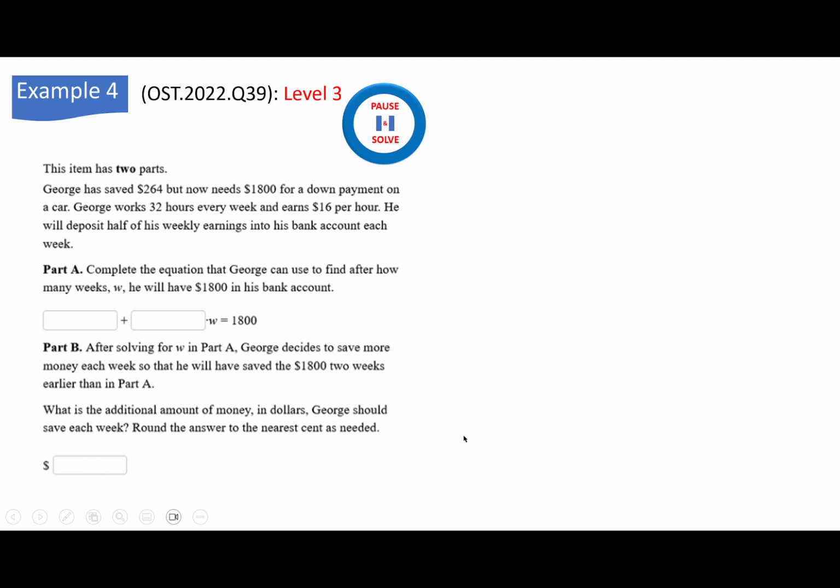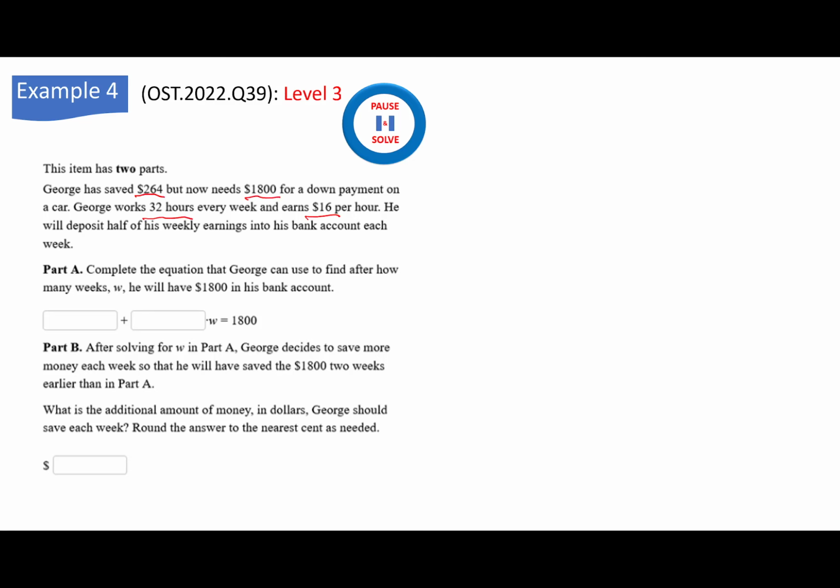Example 4. This example is a little bit difficult, especially part B. George has saved $264, but now needs $1,800 for a down payment on a car. George works 32 hours every week and earns $16 per hour. Those are important information.